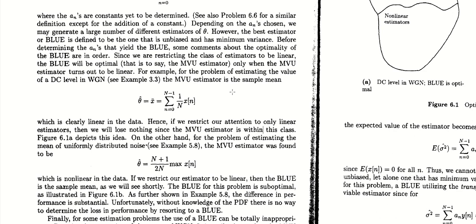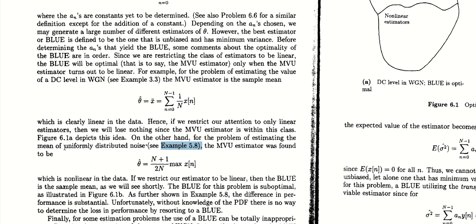On the other hand, for the problem of estimating the mean of uniformly distributed noise, the MVU estimator was found to be, there will be an example for this, but for now let's just skip the details and the outcome.